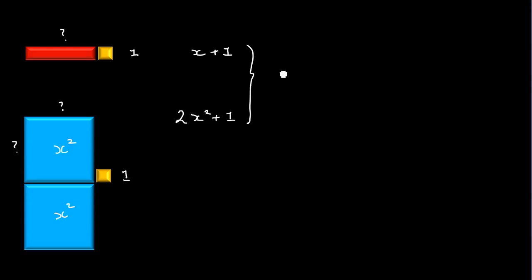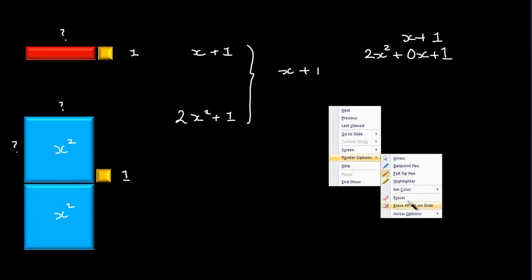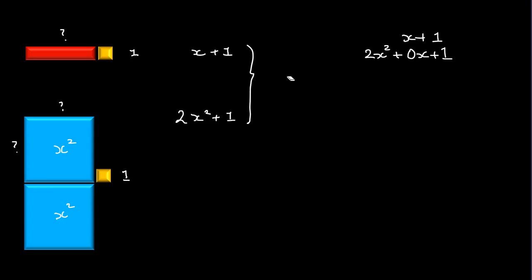x plus 1. Now let's actually think about it in column method first. If we were going to line these up as columns, we would write 2x squared plus no x's plus 1, and then we would add these together. But what I'm going to do is the horizontal method because that's conventional, so let's just move this down a little bit and write it down here.